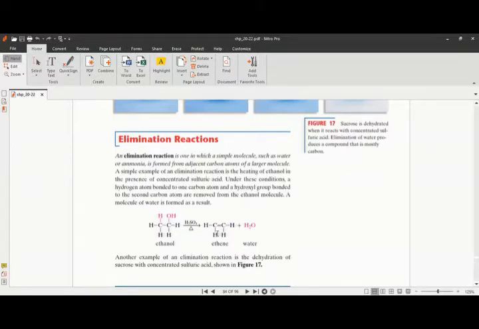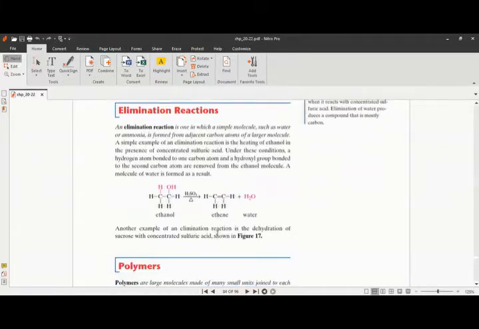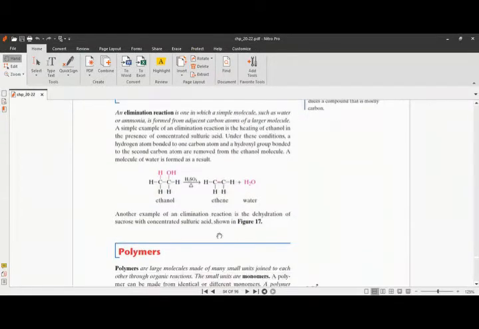It depends on the type of molecule. This elimination reaction is dehydration, which means you remove water from the molecule. In addition, you add water or hydrogen, for example.